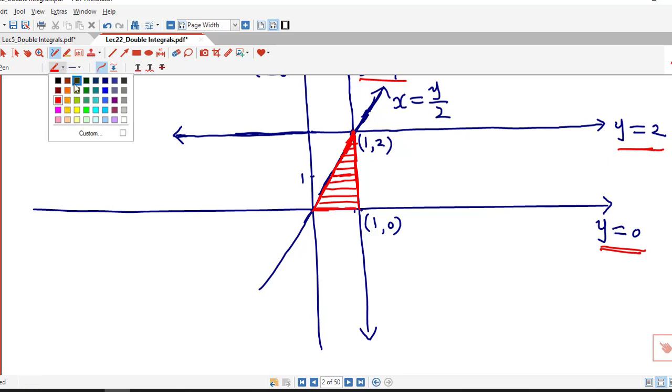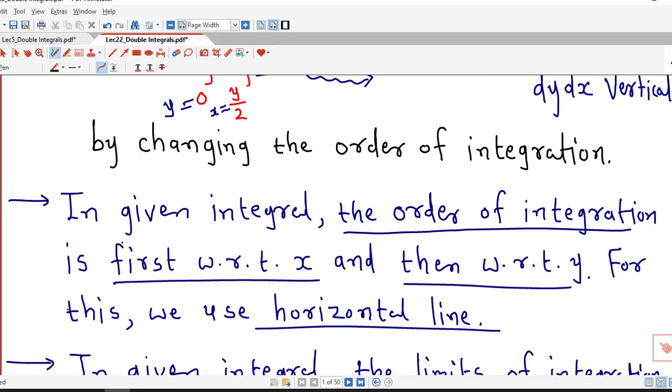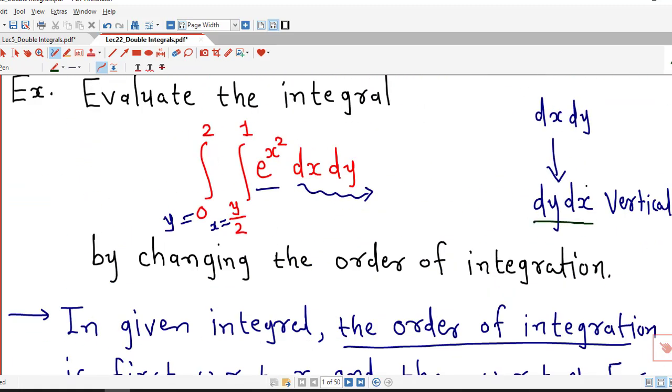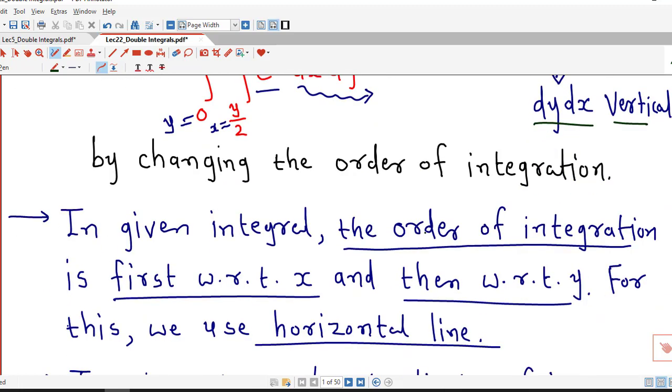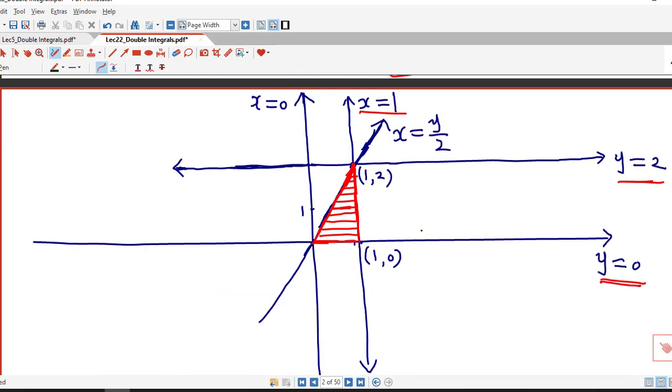Now to change the order of integration, we have to consider a vertical line passing through the region. The given order is dx dy. For this order we use a horizontal line, but to change the order of integration we have to use a vertical line passing through the region.